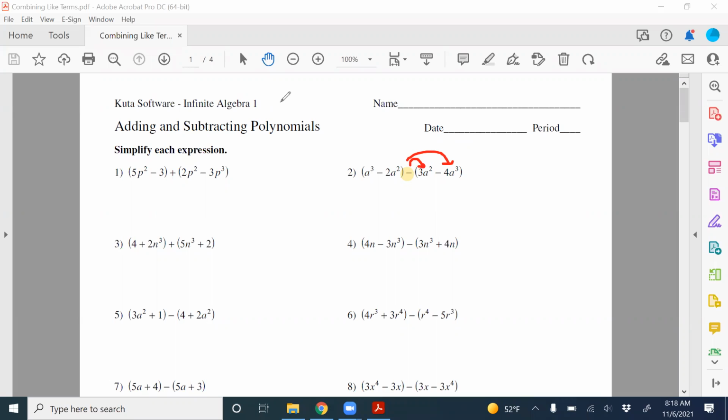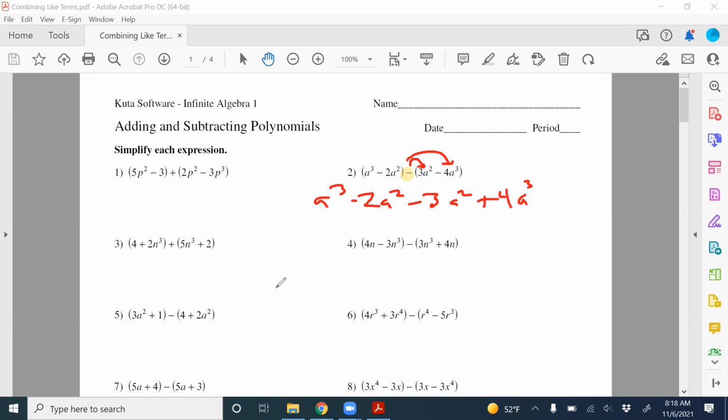So what I would do is say a cubed minus 2a squared minus 3a squared, and it becomes plus 4a cubed. Very important. The 3a squared inside the second group goes from positive to negative, and then the negative 4a cubed goes from negative to positive because you're distributing a minus.